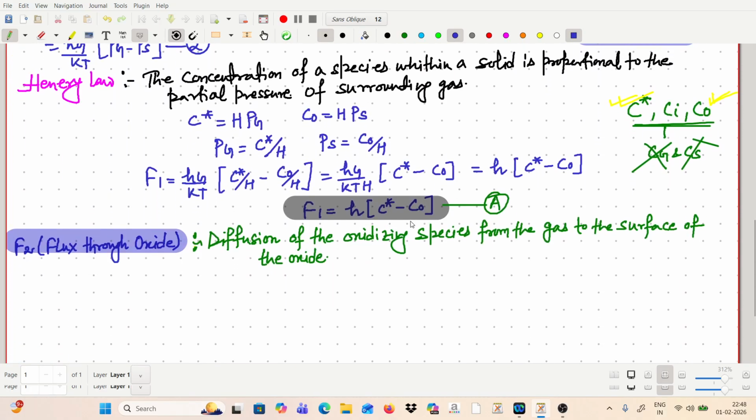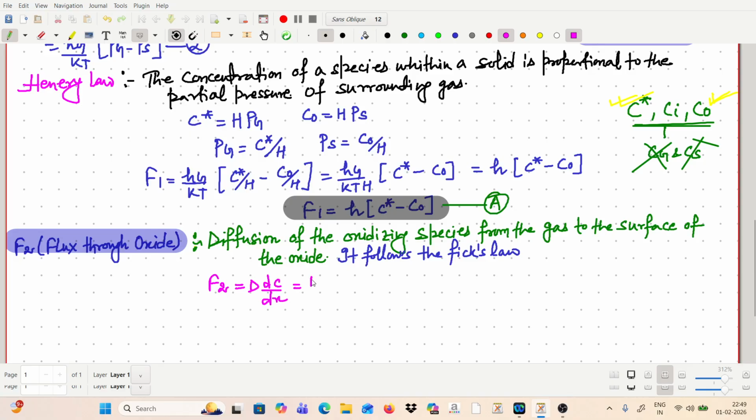Basically it follows the concept of Fick's law. So what we can write directly, we have already written: F2 can be written as some diffusion constant D times dC by dx.